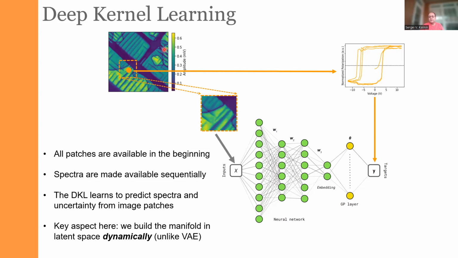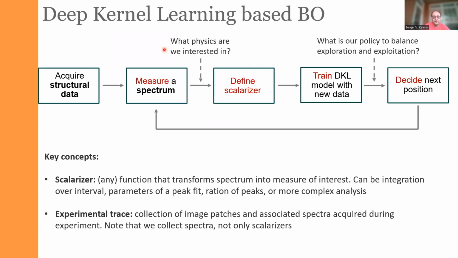And then we do the second measurement. So now we still have all the image patches, and we have two measured points. We retrain the network, and then we repeat the process ad infinitum using the same type of approaches as Bayesian optimization.